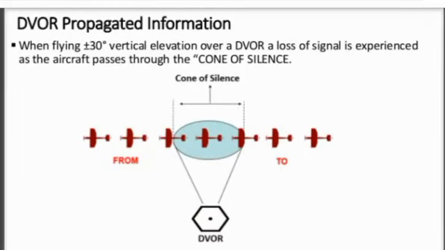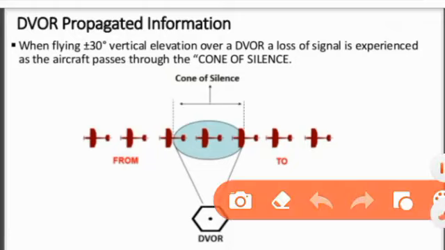Then DVOR has a cone of silence. Cone of silence is a region where the DVOR cannot detect aircraft. So you can see in the figure, this aircraft can be detected by DVOR.